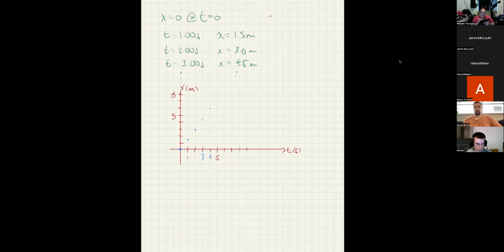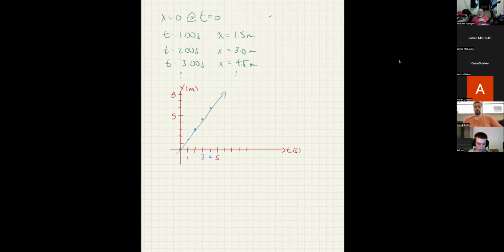Now, I can take that and say that's my data points. And what I've made is, in fact, a graph of position versus time, and it looks like a straight line. And in fact, it is a straight line, and this is an example of non-accelerated motion.